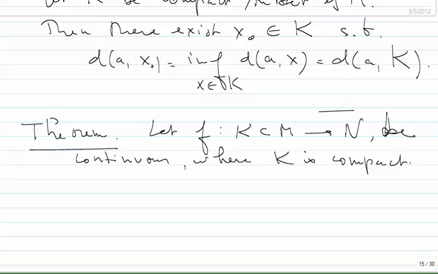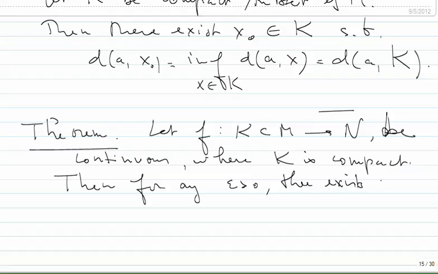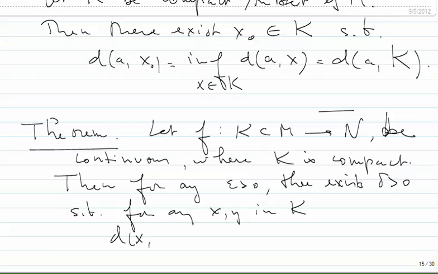Then for any epsilon there exists delta positive such that for any x, y in K, the distance from x to y less than delta implies the distance from f of x to f of y less than epsilon.